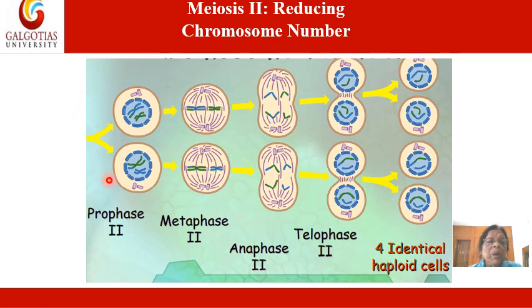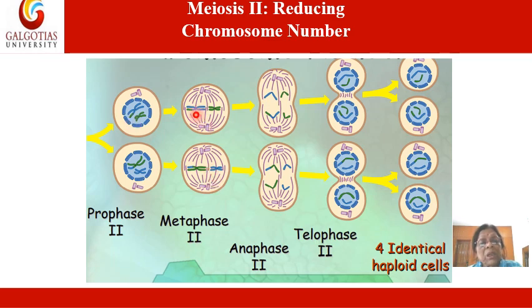So what is happening? After meiosis 1, two cells are formed, but the number is still diploid. Then this is followed by metaphase 2.